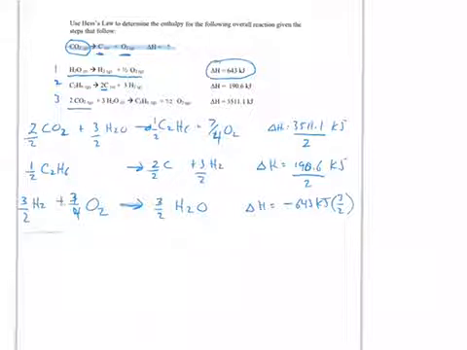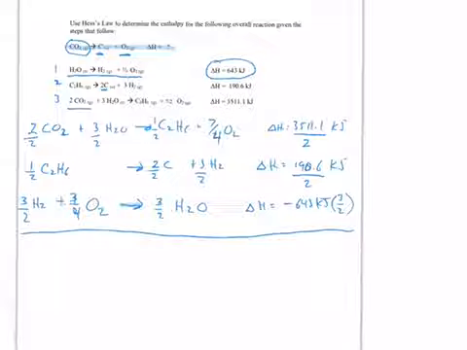So let's algebraically add this whole thing together. First of all, carbon dioxide does not cancel with anything, and instead of writing it as 2/2, we're going to write it as CO2. That takes care of carbon dioxide. Then we have water. We'll notice that the water cancels. I've got 3/2 water on both sides of the equation.